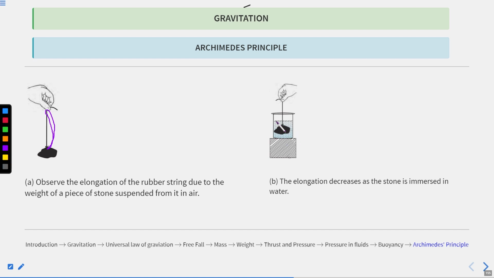You will observe that the elongation in the string decreases. The length of the string will decrease. And why is it so? This is because the liquid is giving an upward force to the stone. That's why that elongation has decreased.